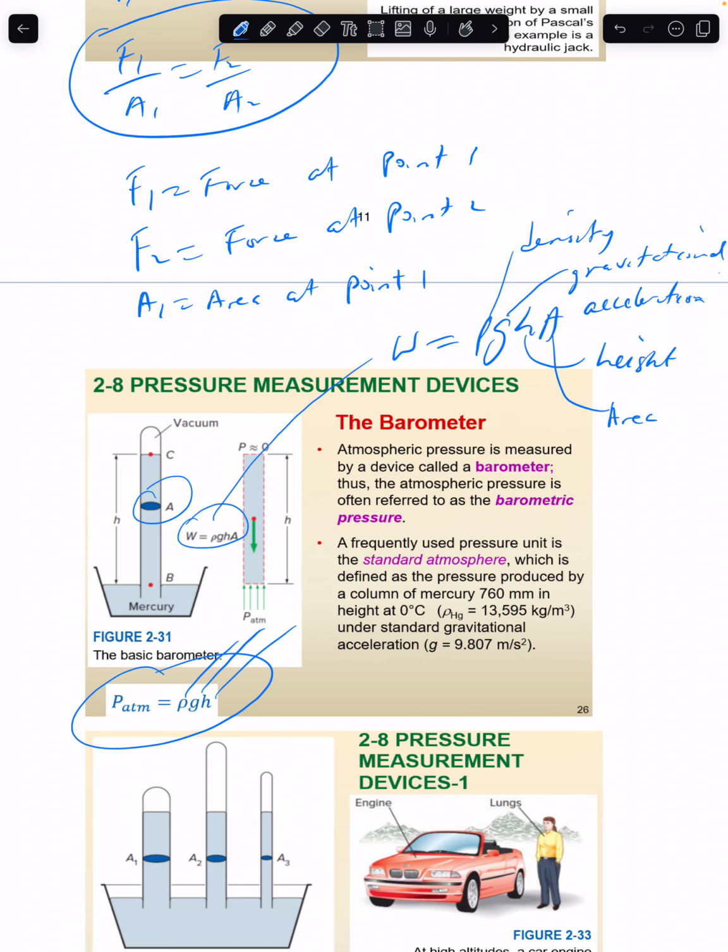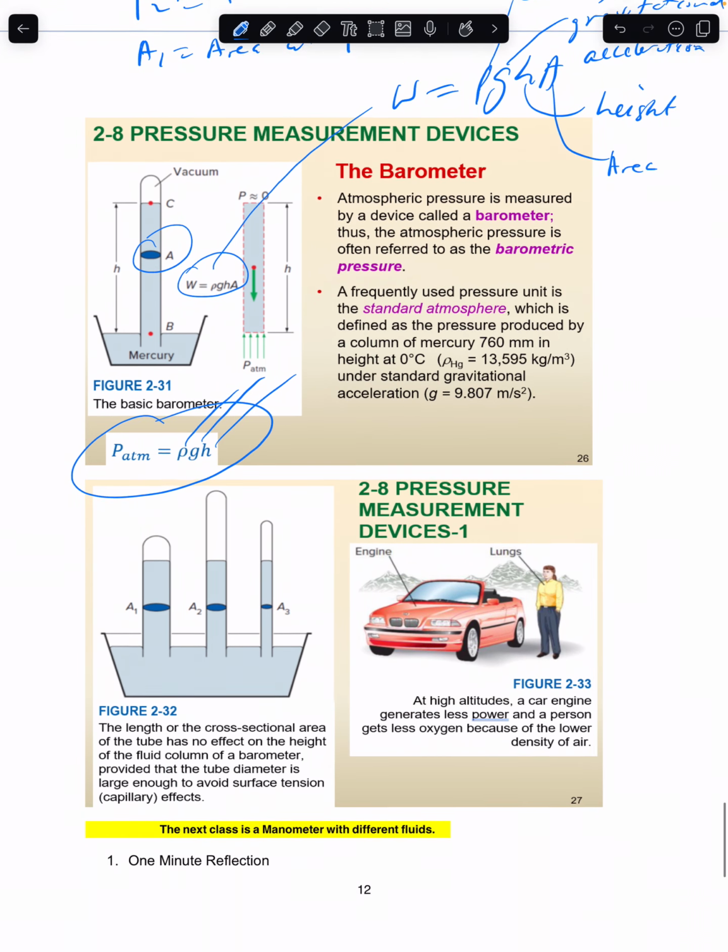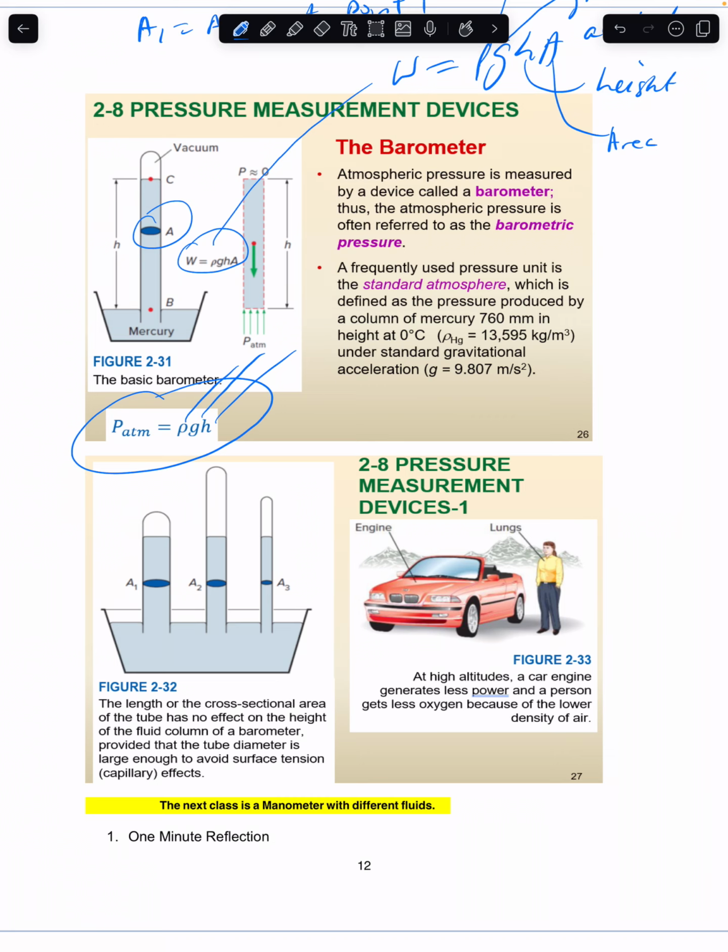So that is the atmospheric pressure for a barometer.